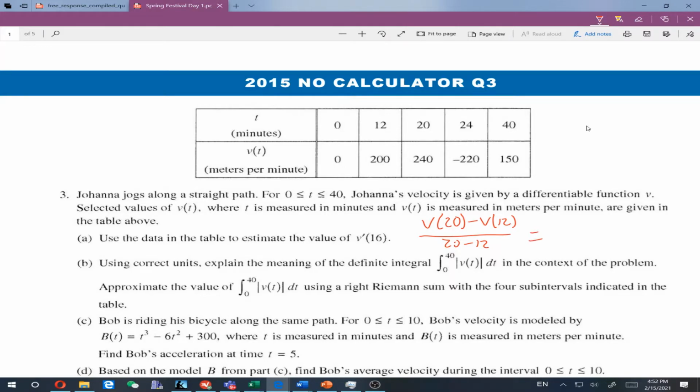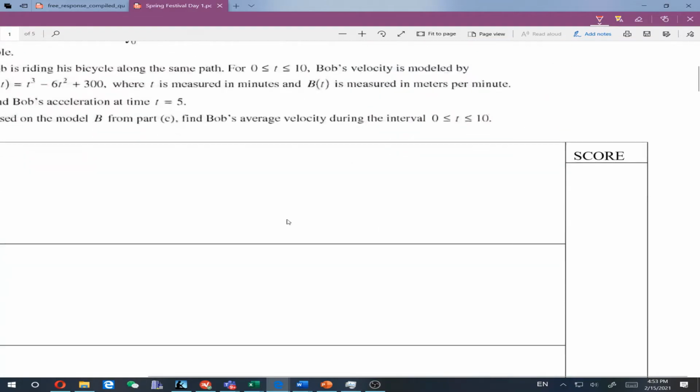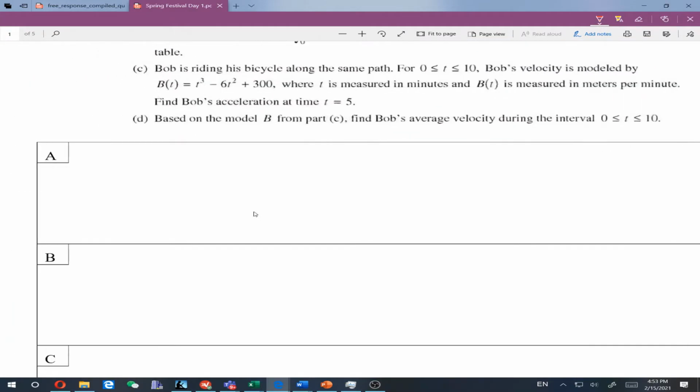So this is going to be 240 minus 200 over 20 minus 12, or I've got 40 over 8, or 5, as our estimate for the value of v prime at 16.